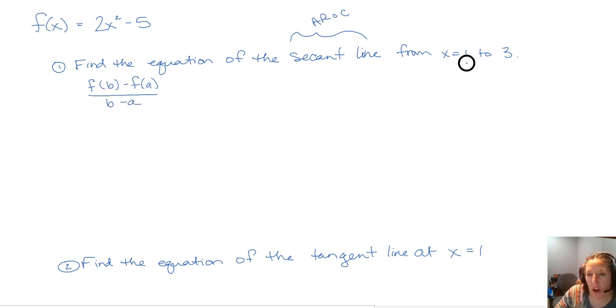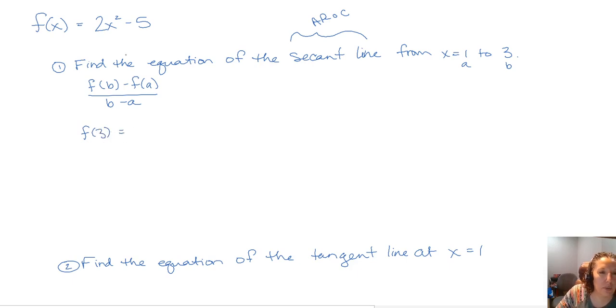It doesn't matter which one we call a and which one we call b, as long as we stay consistent. If we plug in the function value of 3 at the beginning, then in the bottom, then we're going to plug in that 3. Alright, so let's find f of b, in this case f of 3.